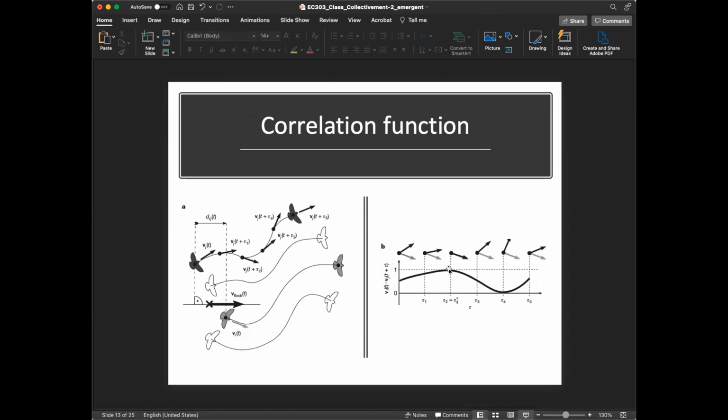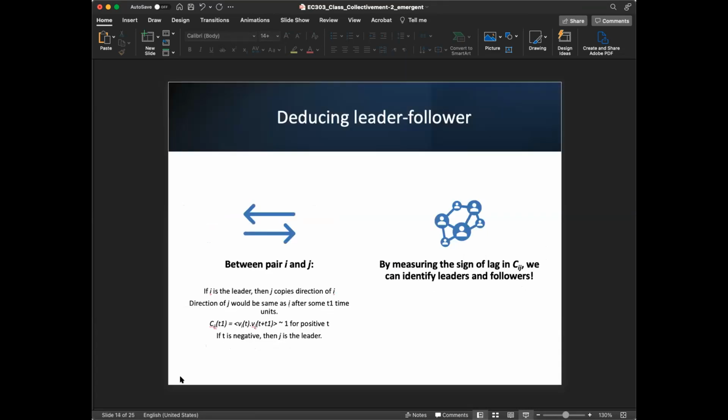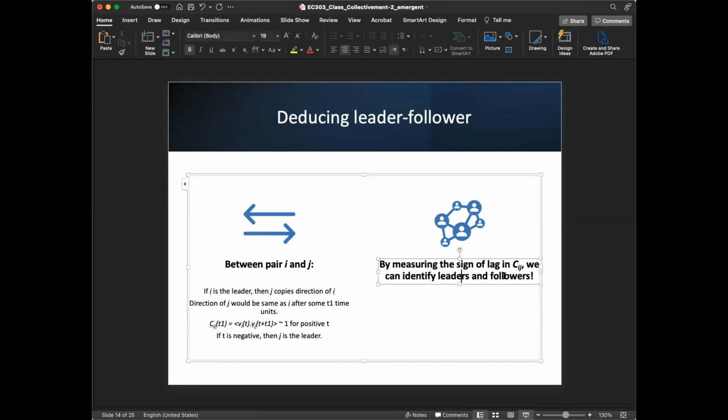If this maximum is occurring at a positive value of lag, that means that J follows I. If this maximum occurs at a negative value, that means that I follows J. Okay, so this is the basic idea. I know you'll have to really work this out yourself. If it's not clear right now, please do it and convince yourself. So basically, by measuring the sign of lag, we can deduce who is the leader and who is the follower.